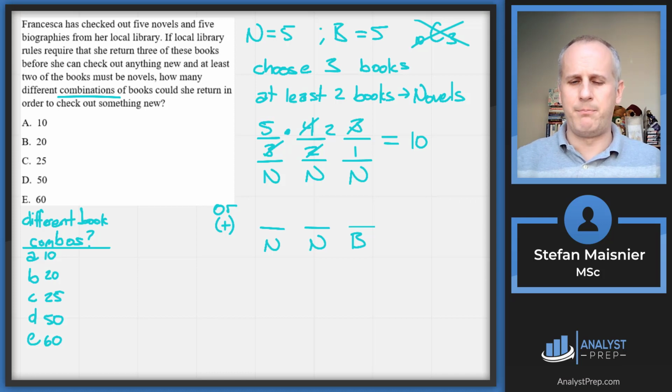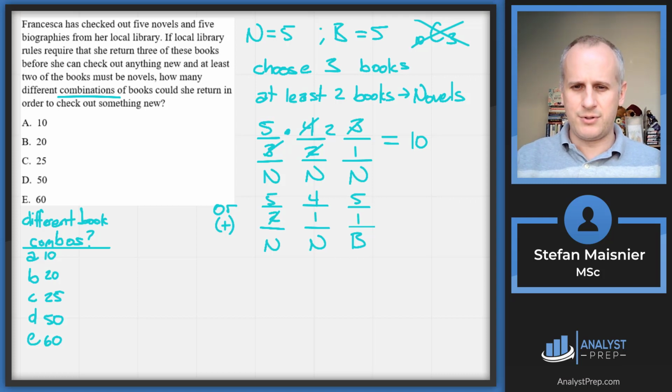This one's simple. But then it's the distribution of the two things that makes it more complex, because the second iteration, we still have 5 novels, but now we only have 2 novel spots. In our second novel selection opportunity, we then have 4 novels remaining and only 1 novel spot. And then for our biographies this time, we've got our 5 available biographies and our 1 available biography spot.